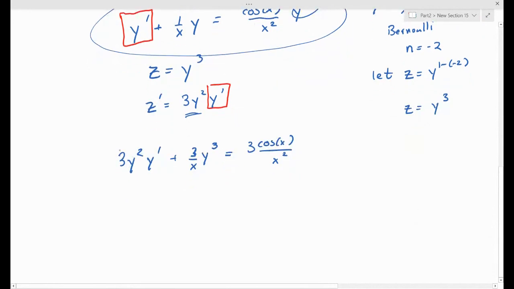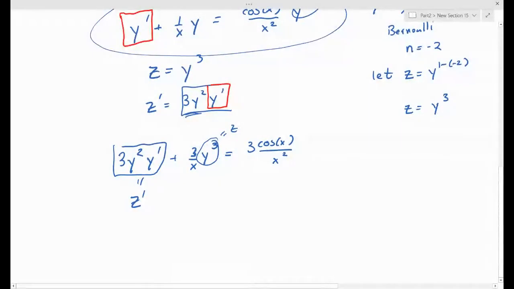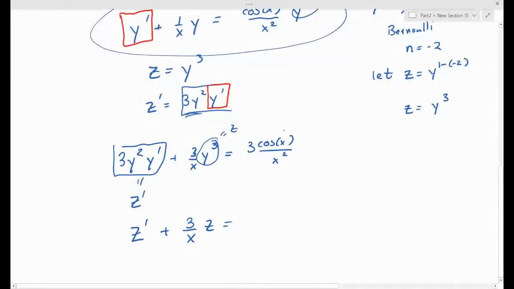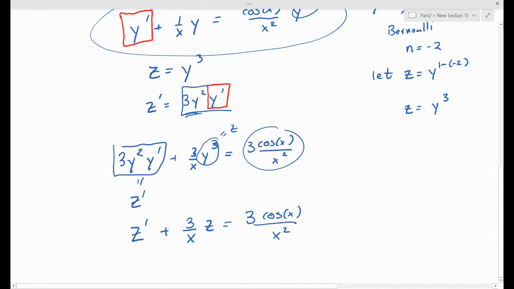And now notice that this is exactly z prime, according to this, right? And y cubed is z. And on the right-hand side, there are no y's left. So indeed, now this is first order linear, where instead of y, we have z.